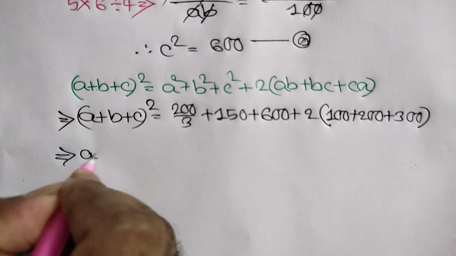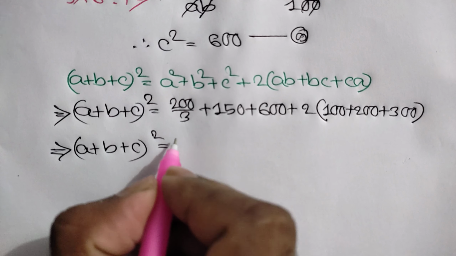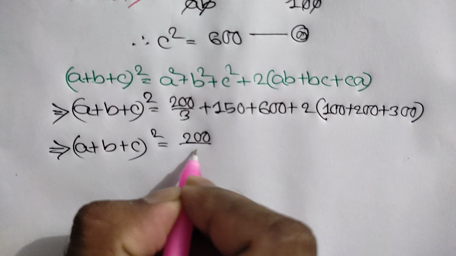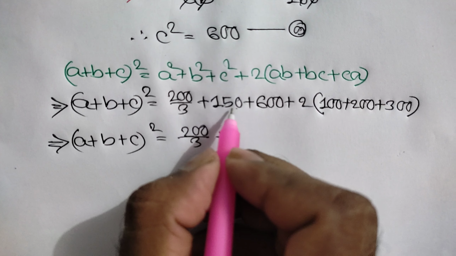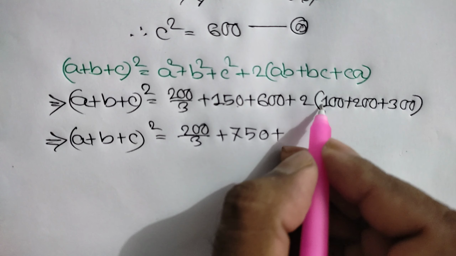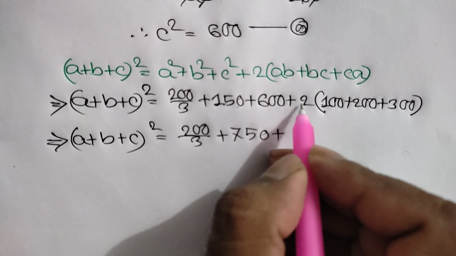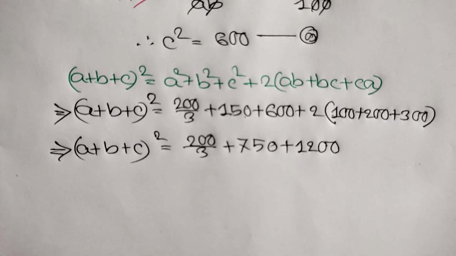Okay, or A plus B plus C whole square is equal to 200 over 3 plus 150 and 600 is 750, plus 1 plus 2 plus 3 is 6, times 2 is 12, so we find 1200.